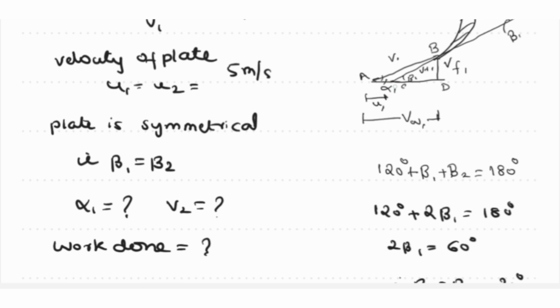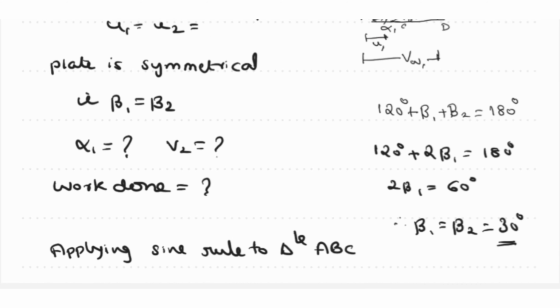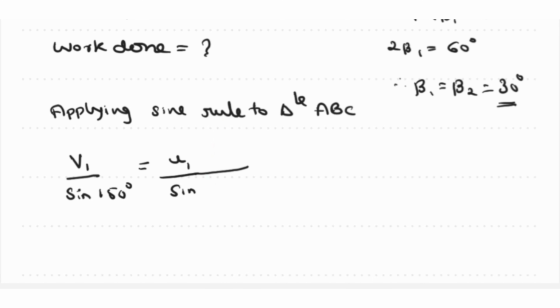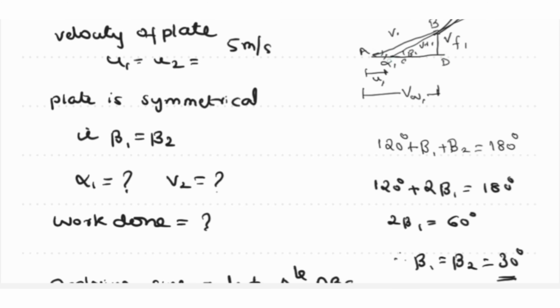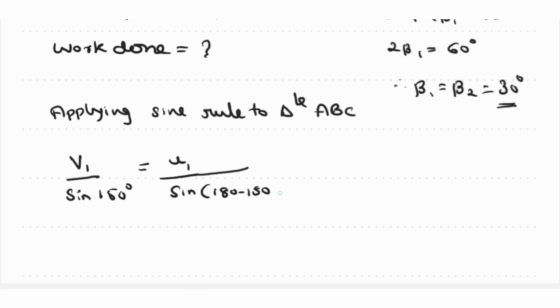So that is nothing but 180 minus alpha 1 minus 150. So 180 degrees total angle minus 150. Hope you know what is 150: 150 is this angle ACB. So we'll substitute the value.